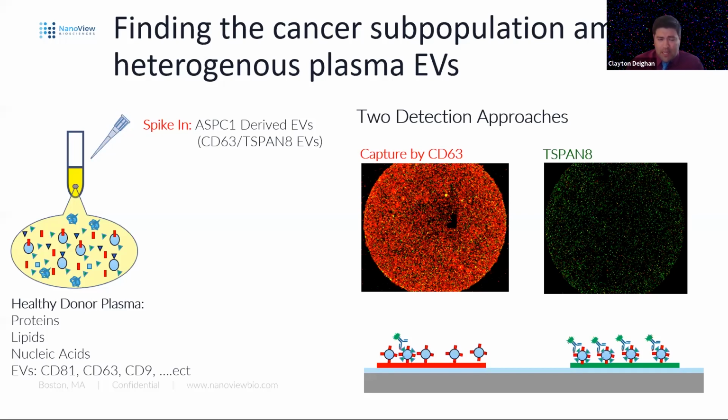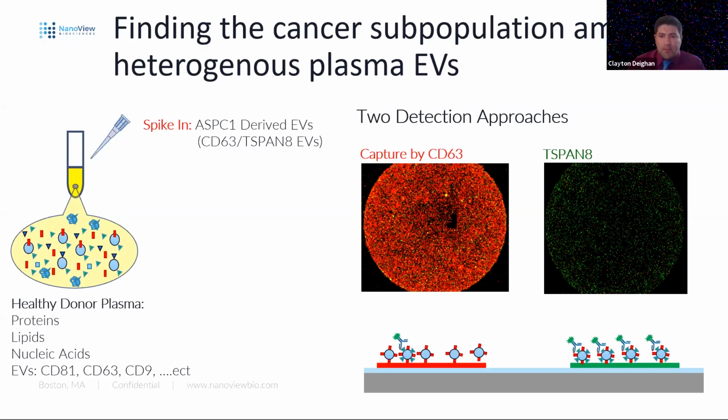So there's two detection approaches we're going to analyze. We're going to spike ASPC1-derived EVs into whole plasma. ASPC1 CD63 positives display TSPAN8 very strongly on those EVs, and TSPAN8 is not detectable in the whole plasma. So we're going to spike this into healthy donor plasma, and we're going to use two approaches.